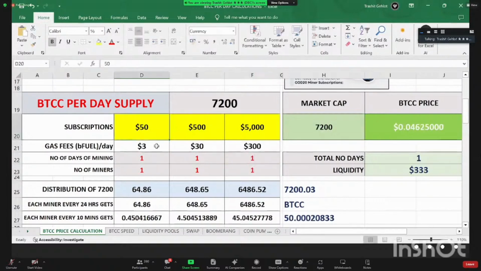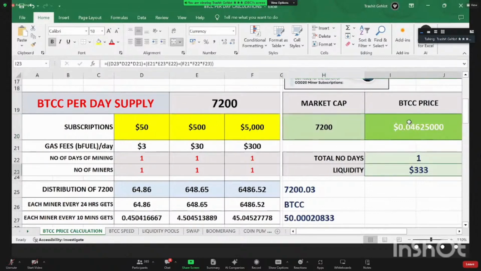The $50 miner is going to pay $3, the $500 miner is going to pay $30, and the $5,000 miner is going to pay $300. Now this all goes into liquidity. So the liquidity is 333, and the supply is 7,200 for the first day. Number of coins 7,200, liquidity 333.